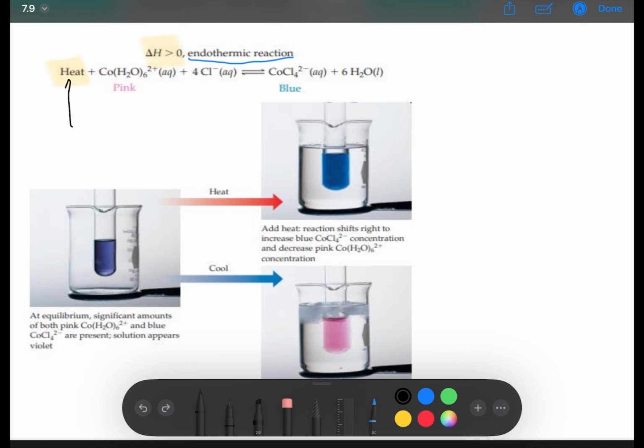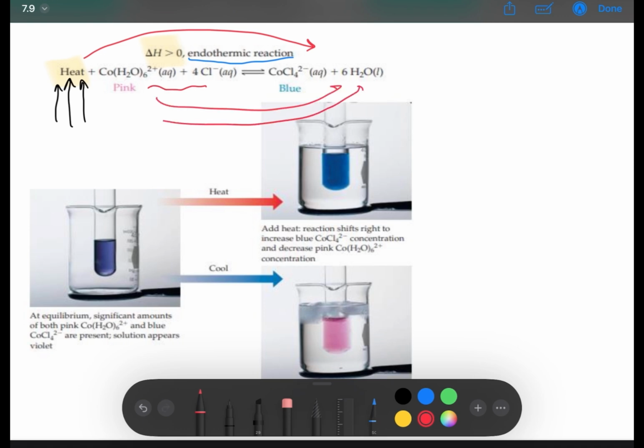Here we have heat right here. What will happen if I increase the temperature? As we said, increasing the temperature shifts the reaction to the other side, because we have so many things on the reactant side. All of these will be shifting to the product side, and that's why it will change from pink to blue at higher temperature. You can see from here, it turns blue.